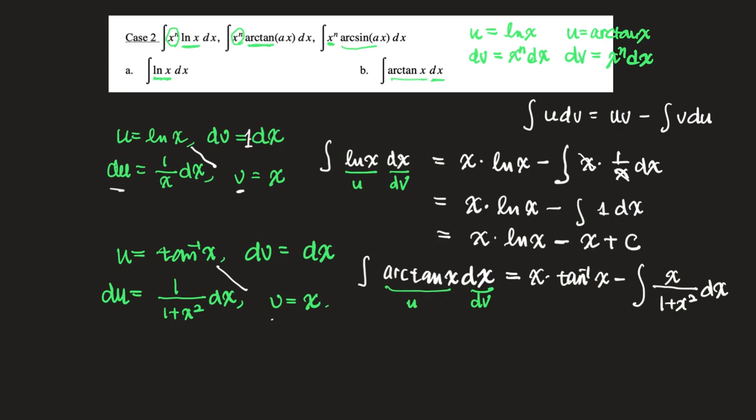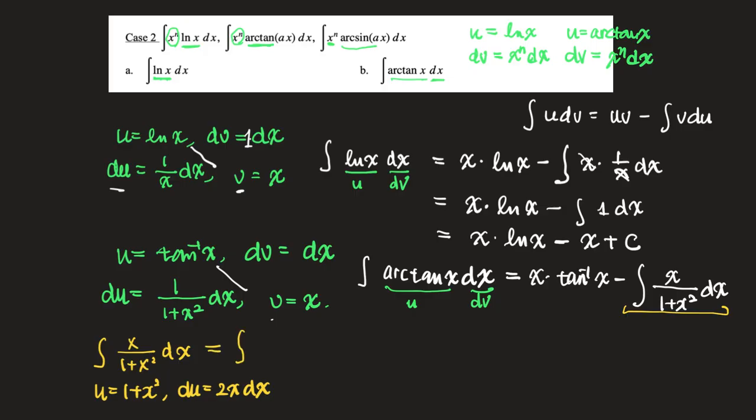This one you're going to do with the substitution method. I'm going to take this integral of x over 1 plus x squared dx. Let u be 1 plus x squared, then du is 2x dx. Guys, make sure the green one is integration by parts and the yellow one is the substitution method.